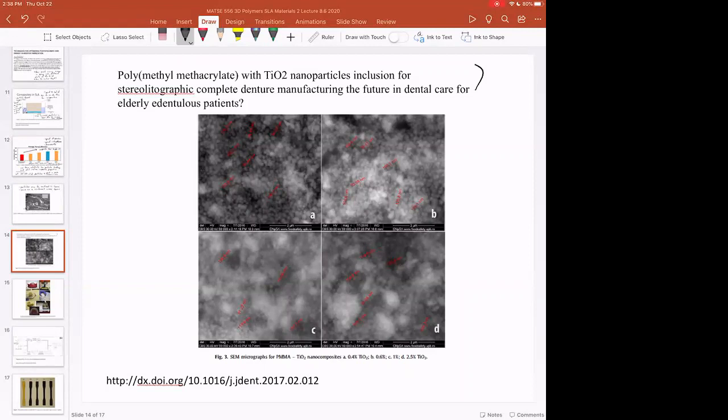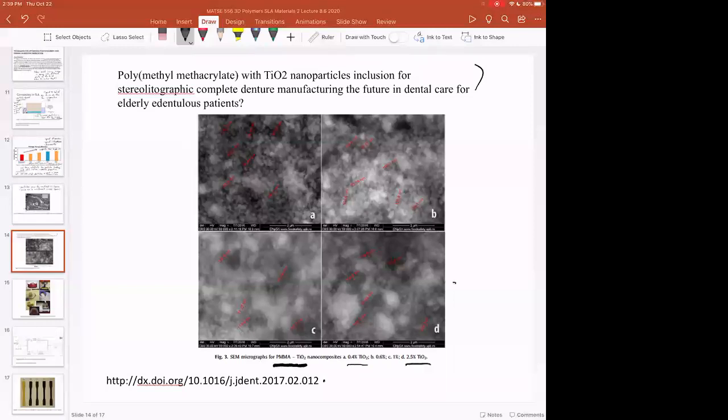And so this is a really nice paper here. It's in, I think, the Journal of Dentistry or some cool journal like that. And they talk about in that paper these polymethyl methacrylate TiO2 nanocomposites with 0.4% TiO2 up to 2.5% TiO2.